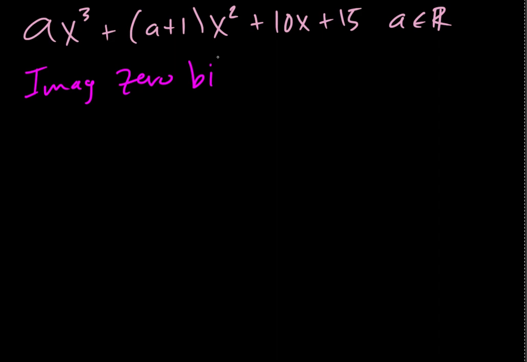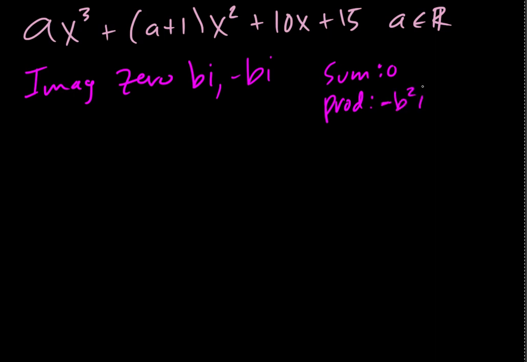And so, because we have complex roots, we also have to have conjugate pairs. If we add these together, their sum is going to be 0. And if we multiply them together to get the product, we get negative b squared i squared, which is just b squared.